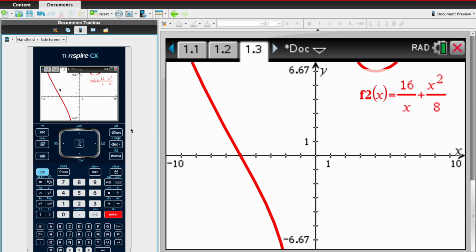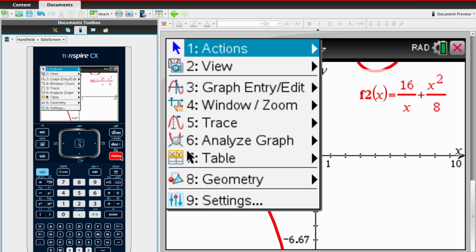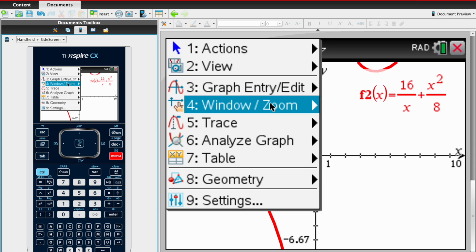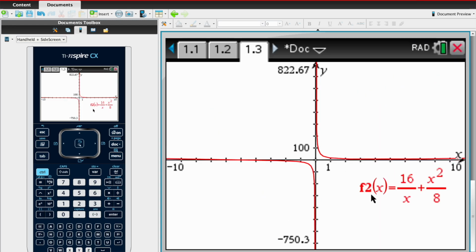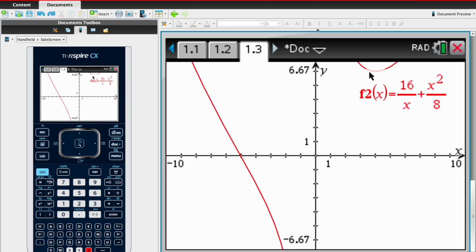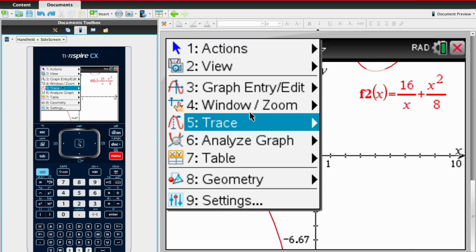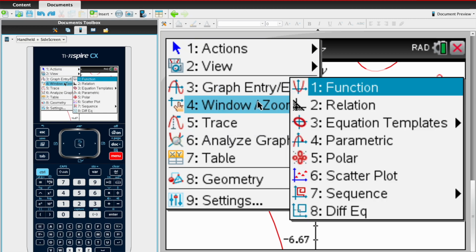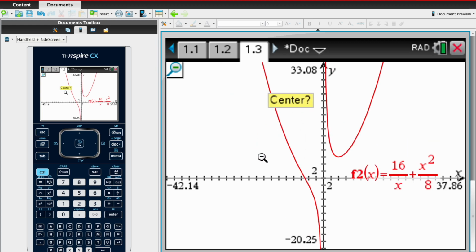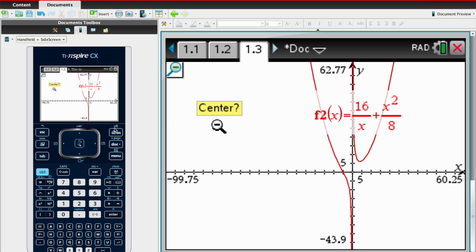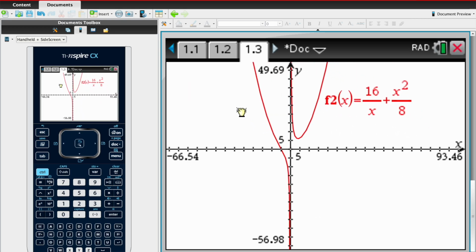Instead of zoom fit, just be cautious. Graph entry, Windows zoom. If we zoom fit, we lose a lot of detail here. Sometimes zoom fit is going to be the quickest and the easiest. But in this case, if we zoom out, we might get a better idea of what's going on in terms of asymptotes, at least where it matters.